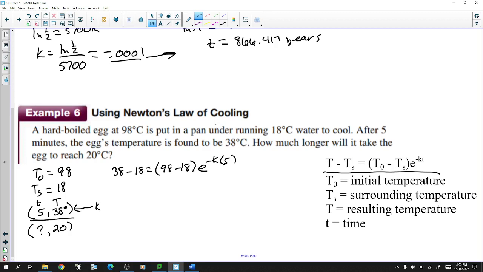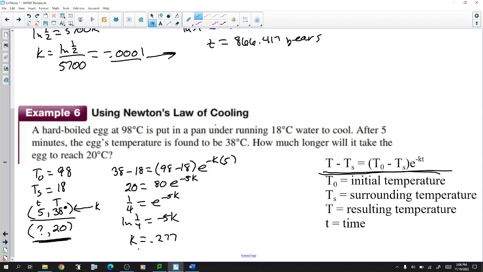So I used this point in the formula here, and all we have left is k. 20 is equal to 80 e to the negative 5k. 1/4 is equal to e to the negative 5k. So the natural log of 1/4 is equal to negative 5k. So k is 0.277.